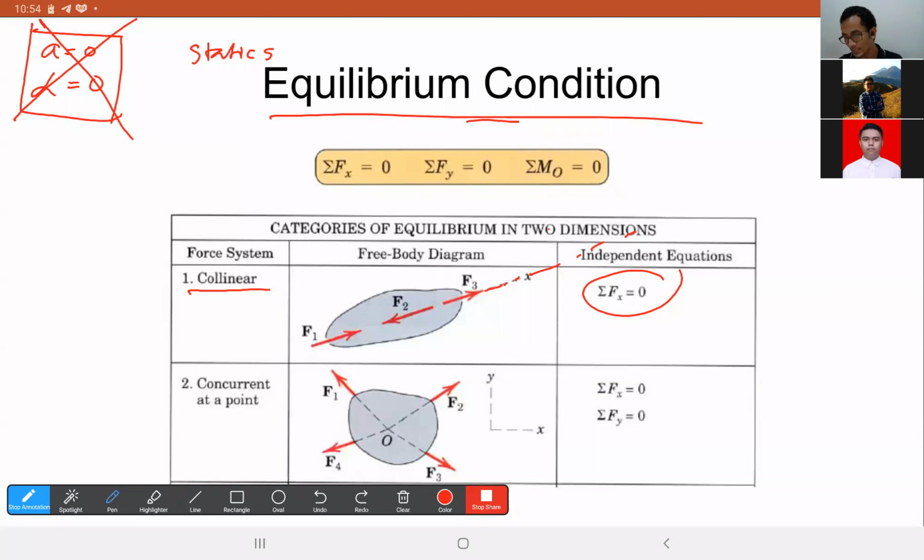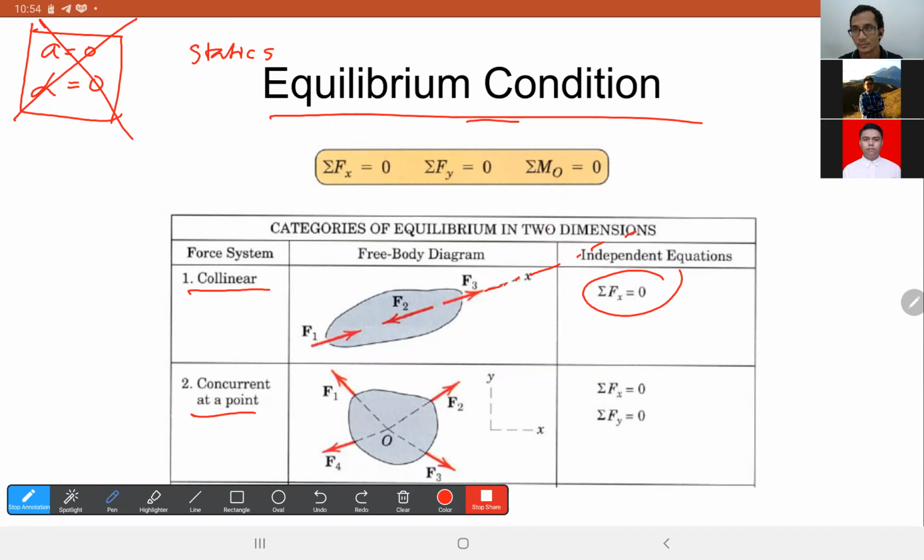Actually, it is easier for us to do a practice problem, but before we go to the problem for your exercise, I will just give you some information. The second one is concurrent at a point.